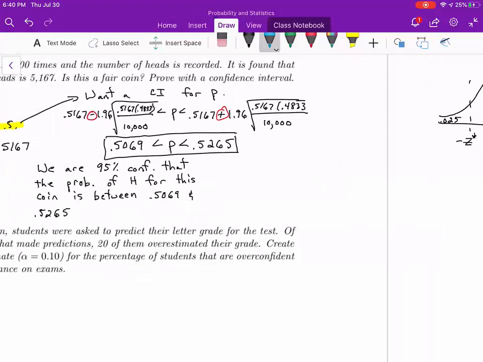We note, since 0.5 is not in the interval, the coin is biased.